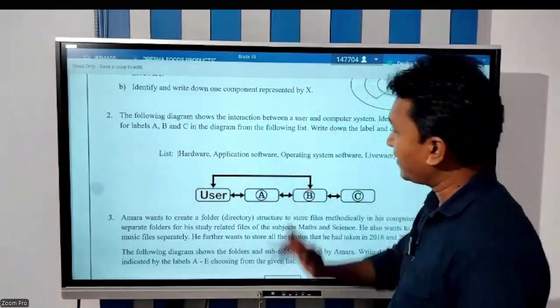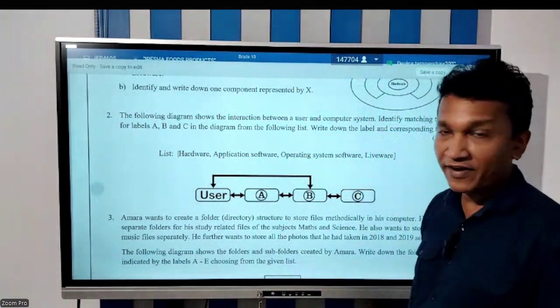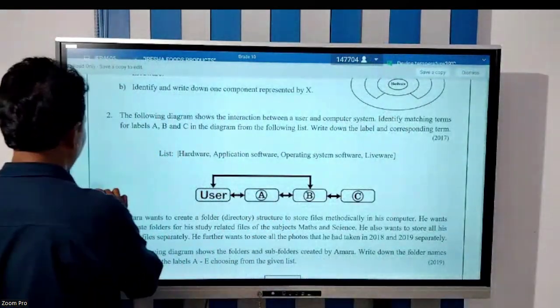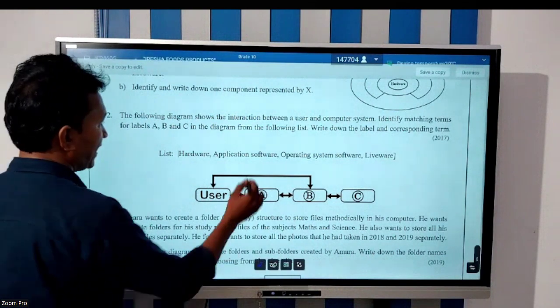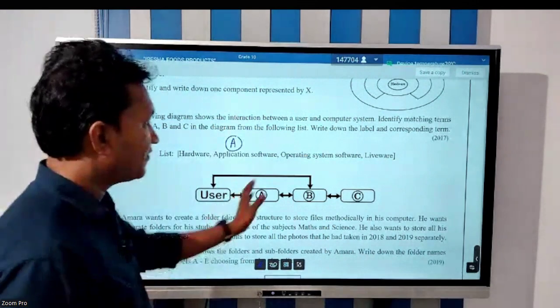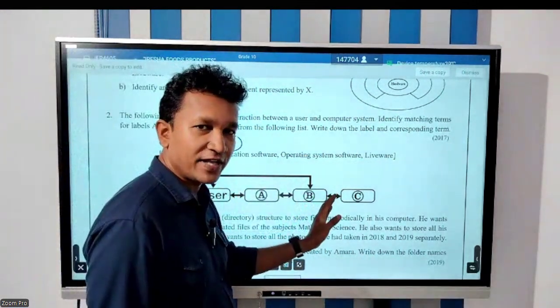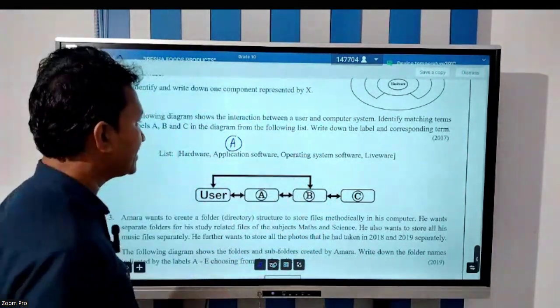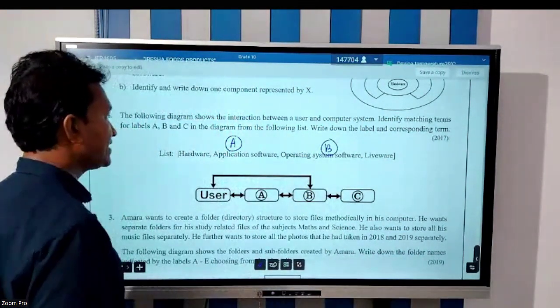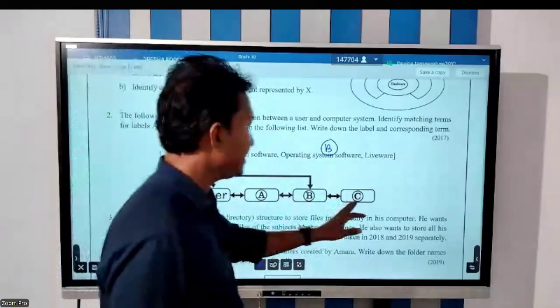User directly interacts with what? User directly interacts with application software. Therefore, A is application software. Then after application software, we know that there is operating system. B is operating system. C is for hardware.